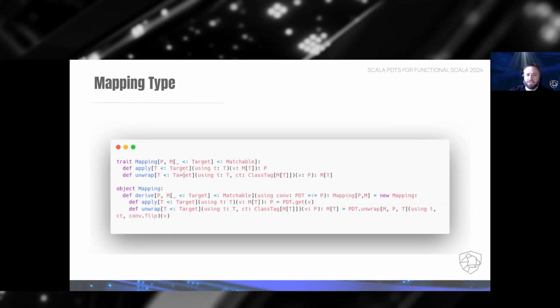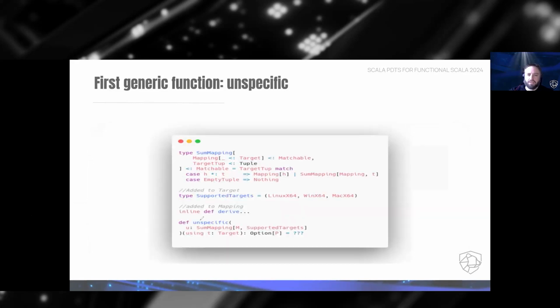You can see that they're specific because they take a type T that's a subtype of Target and take that Target in context so that it can have knowledge about the platform. But we want to provide methods of instantiation and extraction that don't require specific knowledge of the platform. And the first one of those that we can do is, I'm going to call it unspecific.